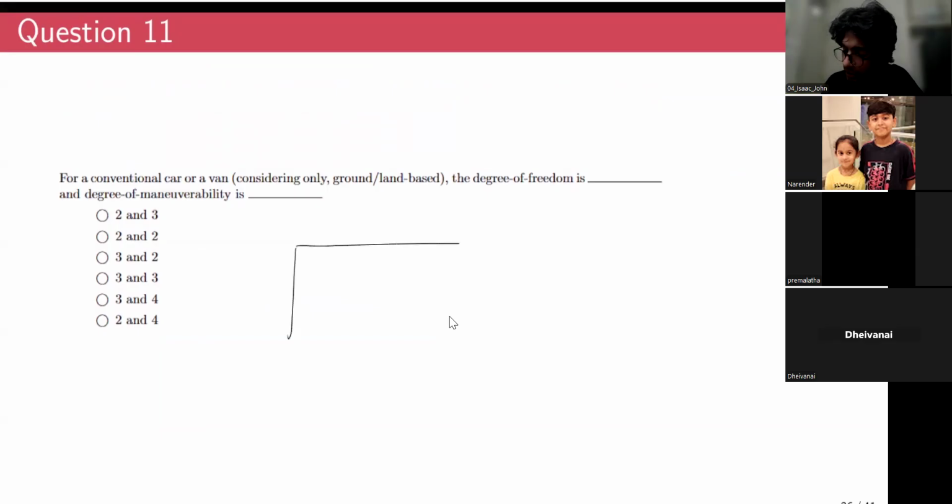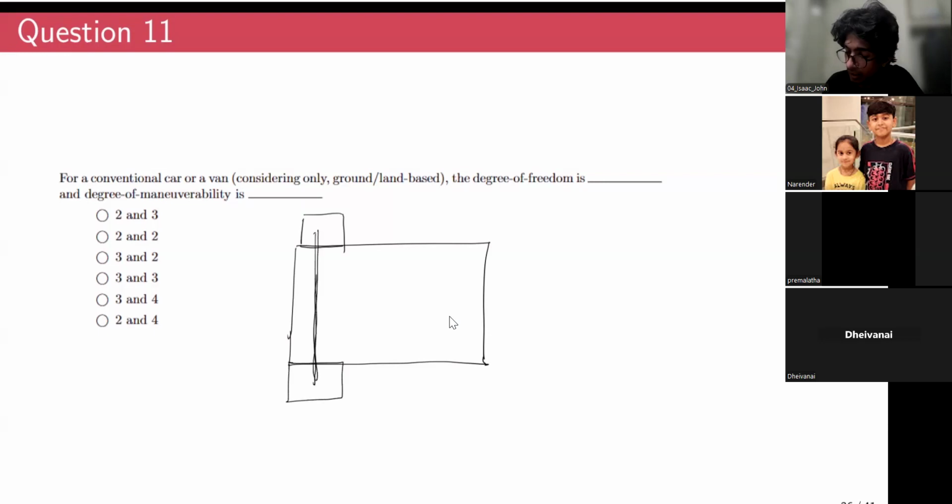So I'll draw a schematic of a car. It has two rear wheels. And these two rear wheels are coupled by an axle. And this axle is driven by an engine, probably engine plus transmission, whatever be the case.